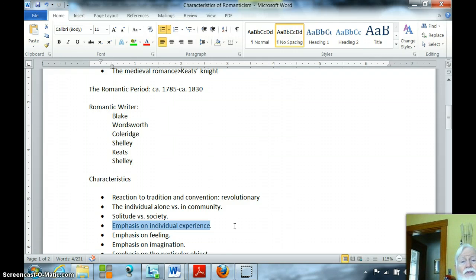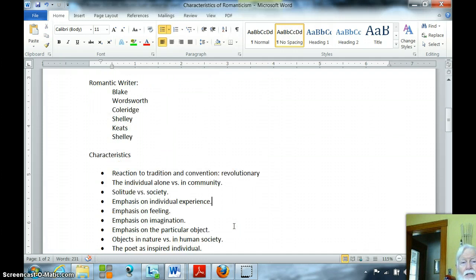But if we were focusing upon the struggle of an individual, his own particular struggle in the civil rights movement, say a Rosa Parks or a Martin Luther King, if we were writing specifically about that individual, then that would be an example of what we mean by individual experience.